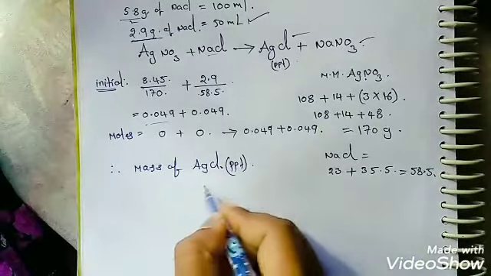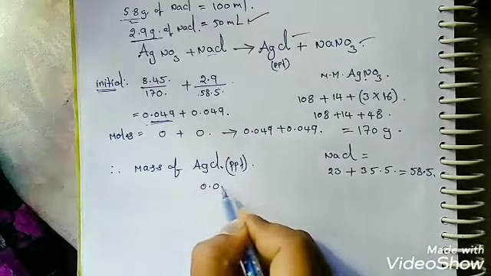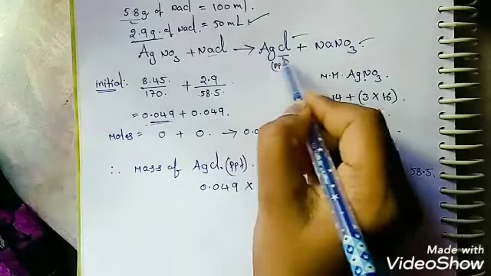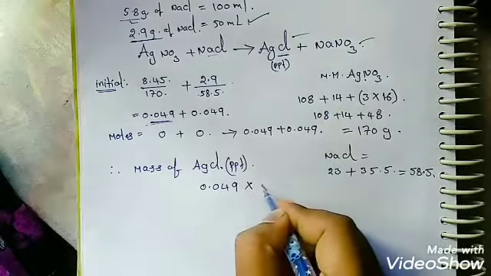That means the moles we already got, 0.049, into AgCl. Then we calculate the molecular mass of AgCl.